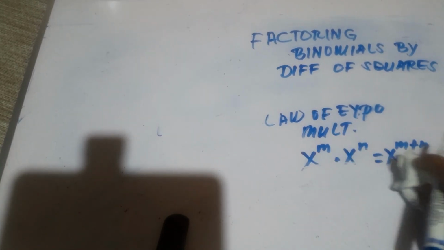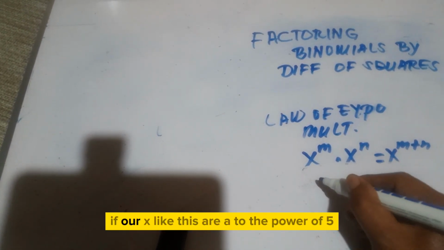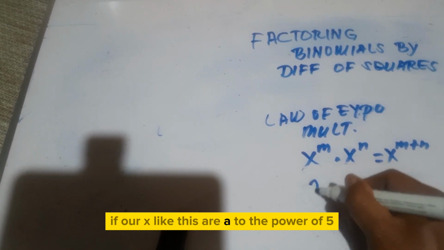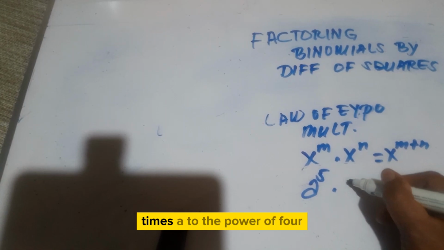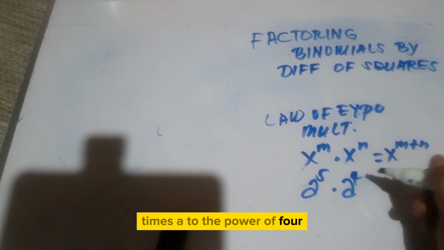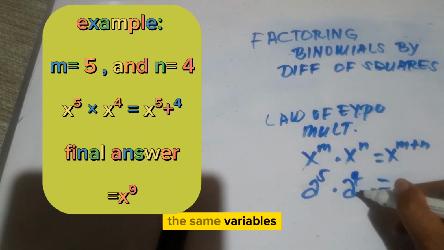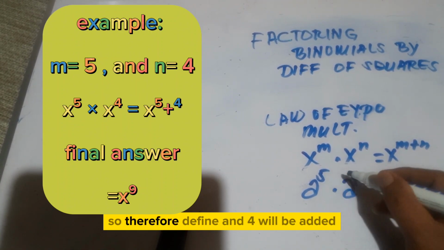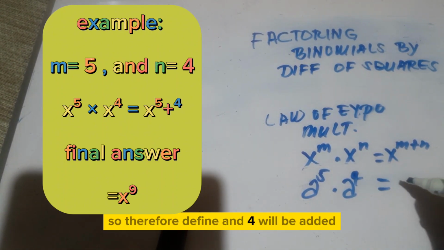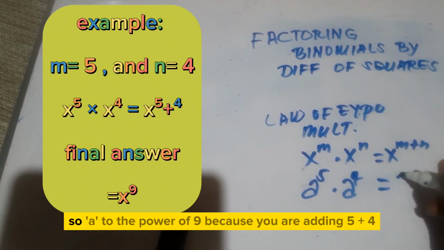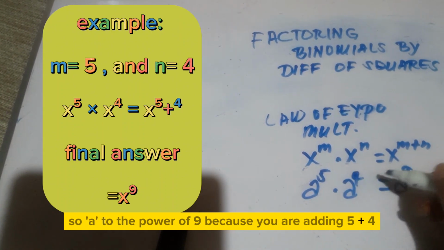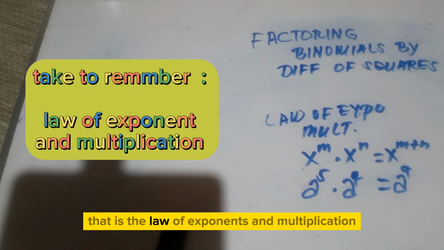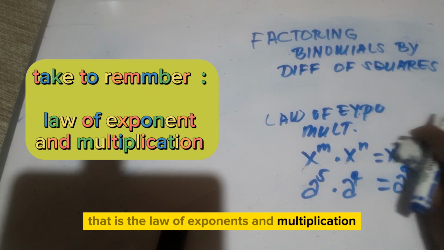Another, a to the power of 5 times a to the power of 4. The same variables, so therefore the 5 and 4 will be added. So a to the power of 9, because you are adding 5 plus 4. That is the law of exponents in multiplication.